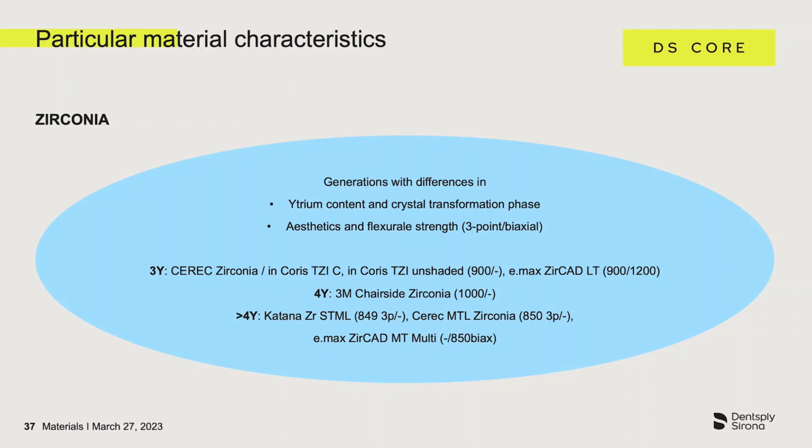The crystalline structure of these zirconias is more cubic, and therefore these materials are very highly translucent and particularly aesthetic. These materials are pre-sintered and so can be finished in 18 minutes.